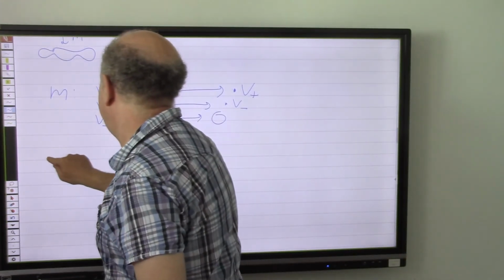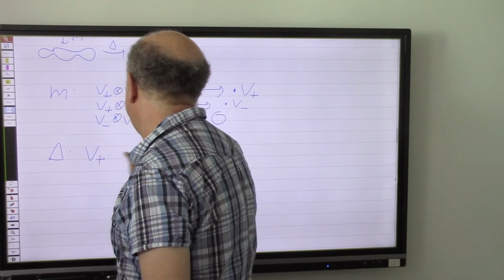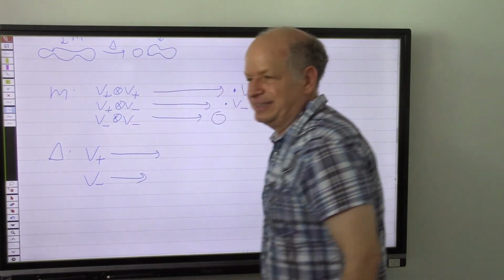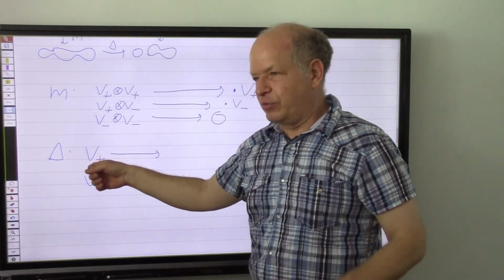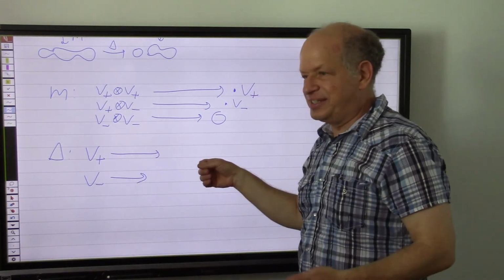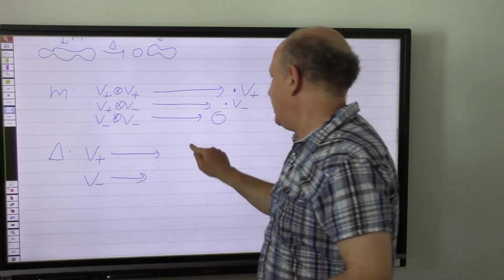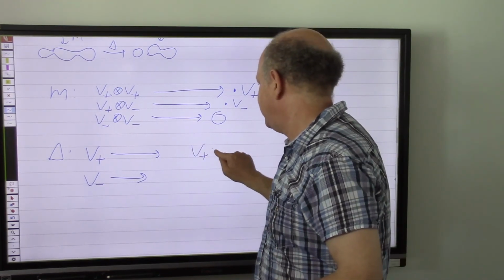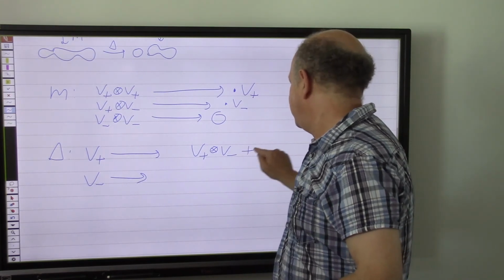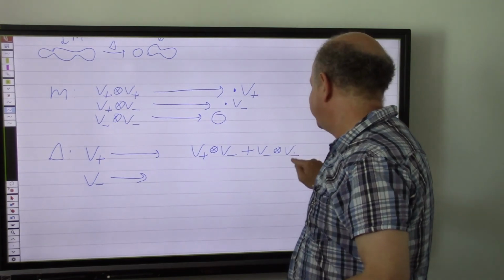So delta must map V plus into something and V minus into something else. V plus is of degree 1. The output must be of degree 0. In degree 0, there are two elements, V plus tensor V minus and V minus tensor V plus.